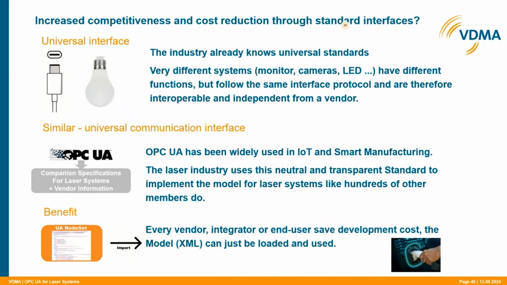So all are using the same information model. And let me make one thing clear here. The competition is not in the interface definition, like in USB, everybody's using it, but in what you do with the data and how you use the data. And we will see in the next slides how we use the data.